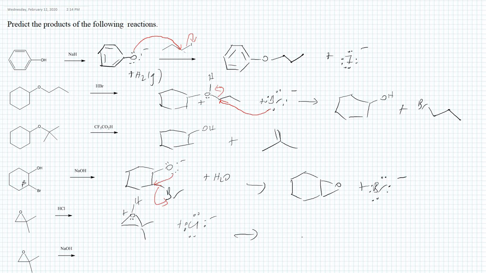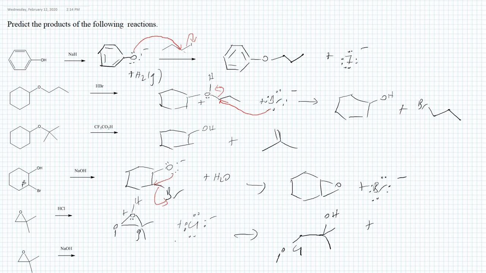Let's write. So let's say I'm going to label this one as primary and this one as tertiary, and I will write the primary attack product first. So there is going to be carbon-carbon, and the chloride will be here. Then methyl, methyl on this one, and we will have an OH group.